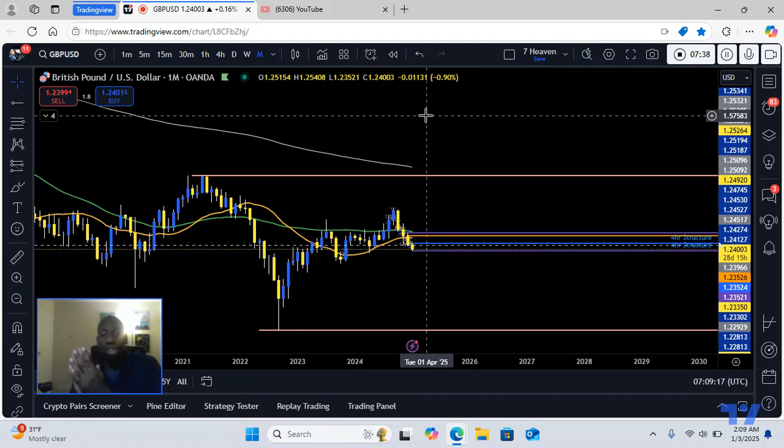Once I got that agreement, no question about it, I'm looking to go down only. If I get two against two, that's a pause, and I don't do nothing until I get three, right? So I get three working together. That means there just has to be a break of structure at some point, or a continue. It has to be a break of structure somewhere in whatever time frame it is.